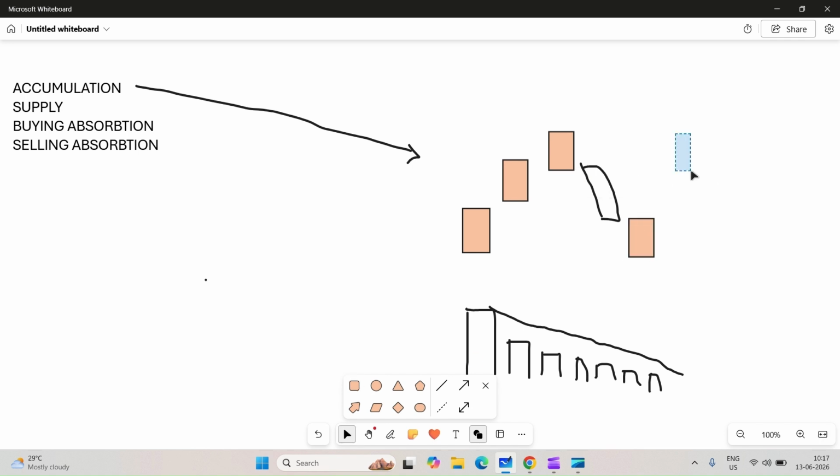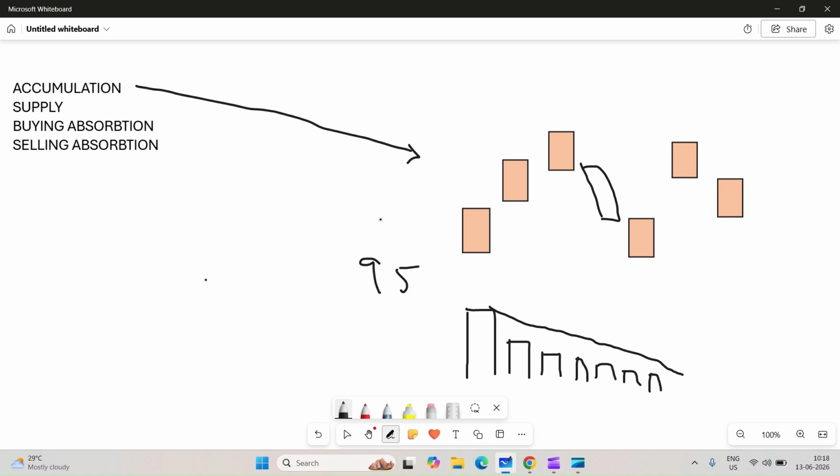Why won't it show bigger moves? Because institutional buyers are accumulating in that particular zone only. Say suppose the price here is 95, here 100, and here say 105. They will buy in this range only.